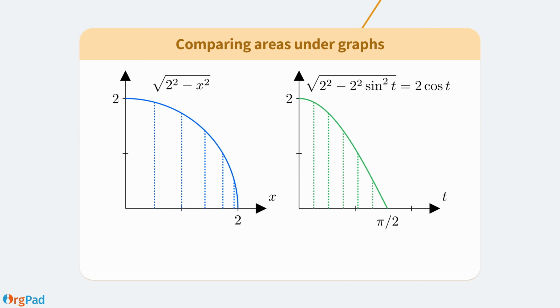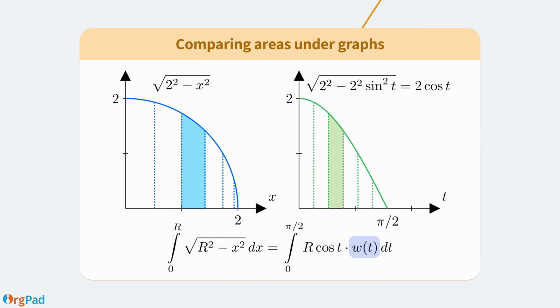While their heights are equal, as we go from left to right, the pieces in the original function start wider and then become thinner. It is no wonder that we get a different area when integrating each function. Again, we have to add some weight w of t to compensate for the local change in the width of each piece.